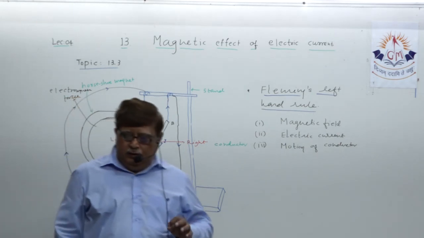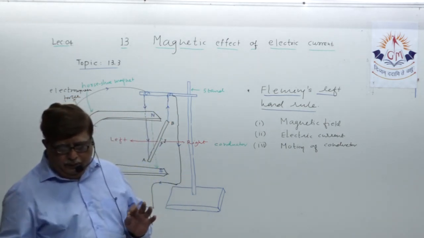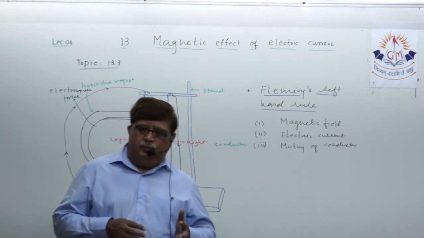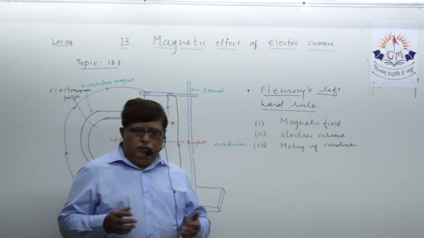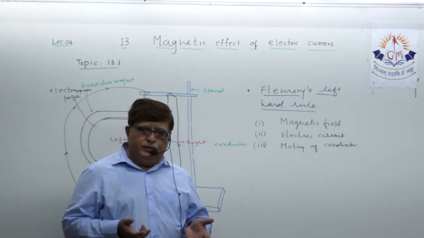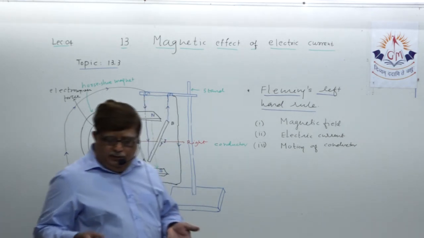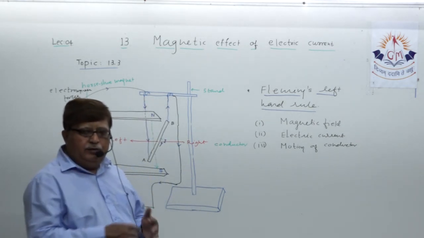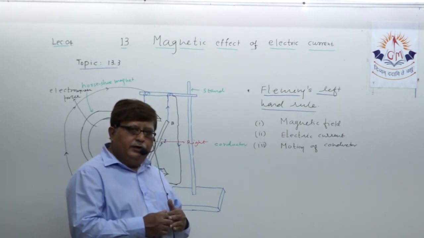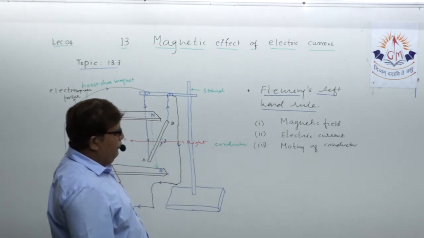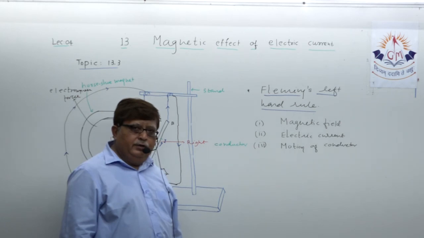You understood? When you write Fleming's left hand rule, only these three statements are actually required. Nothing more you need to write. You understood this, right? So this is Fleming's left hand rule.